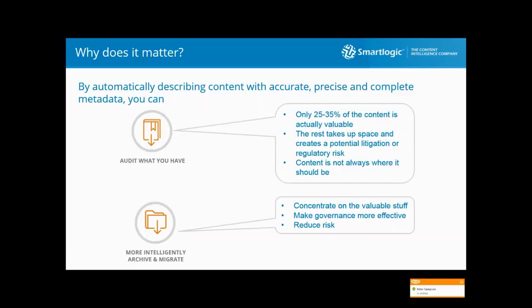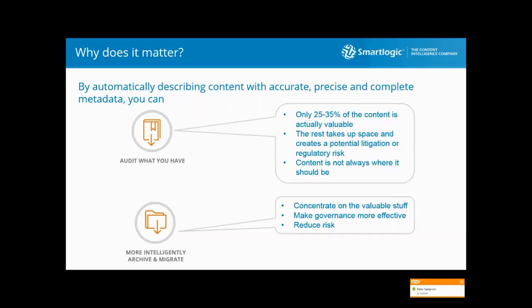The rest of it just takes up space and creates a potential litigation or regulatory risk. And even worse, the content that is valuable is not necessarily where it should be. So by auditing your content, auditing your information, you can actually figure out what you should keep, what you should throw away, and where things that you should keep should actually go.